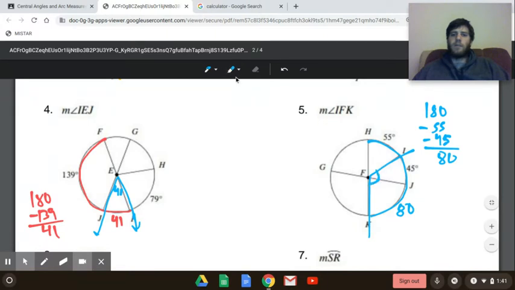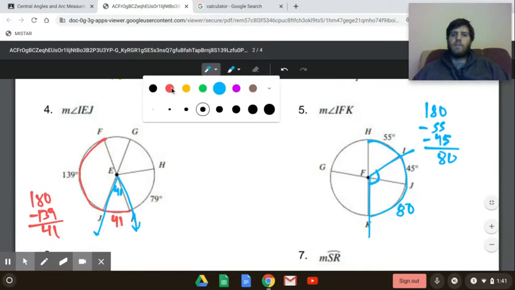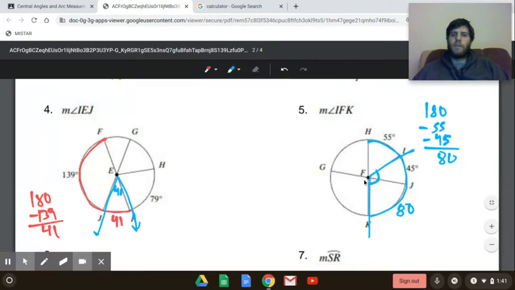Let me use a different color. All right, we're talking about IFK, this angle right here. So we're going to add 80 plus 45. So we had to first find out JK, the measure of arc JK was 80 degrees, but because we had a semicircle, 180 minus 55 minus 45 was 80.